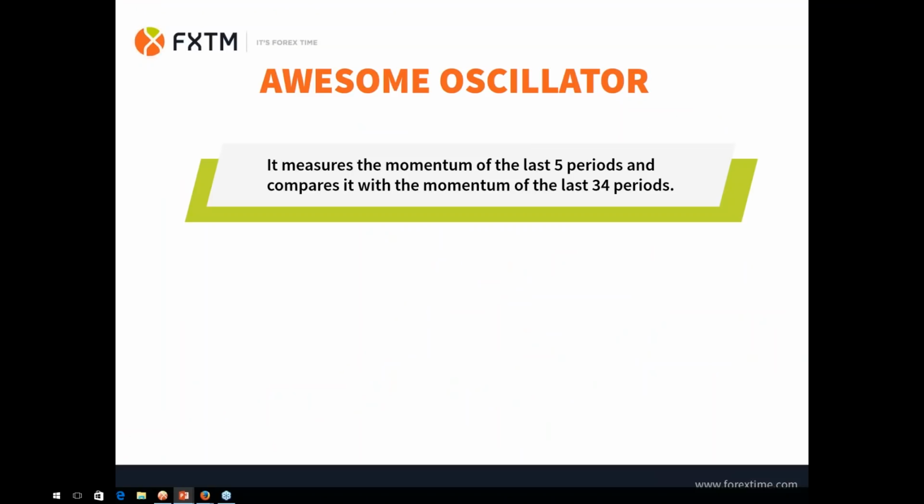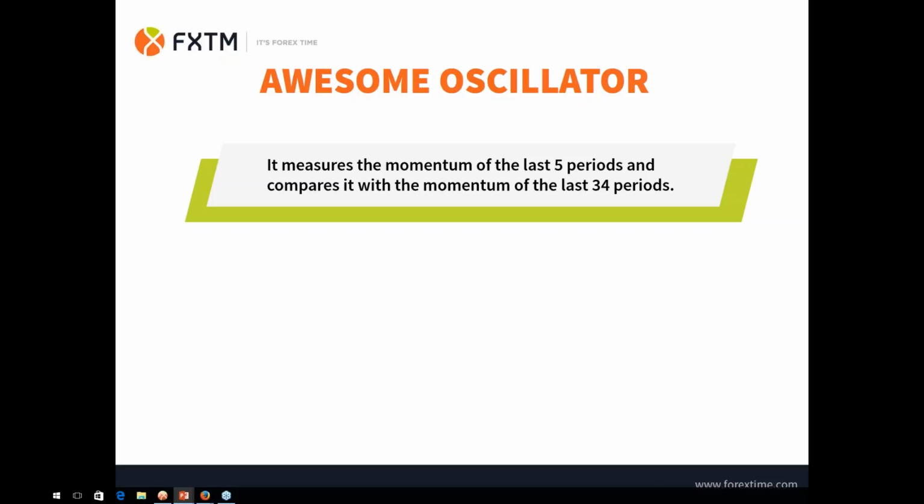Okay. Then the next tool that I'm going to introduce, that is part, of course, of the alligator strategy, is the awesome oscillator. Awesome oscillator is something like MACD, but with different parameters, okay? It measures the momentum of the last 5 periods and compares that momentum with the momentum of the last 34 periods, right?